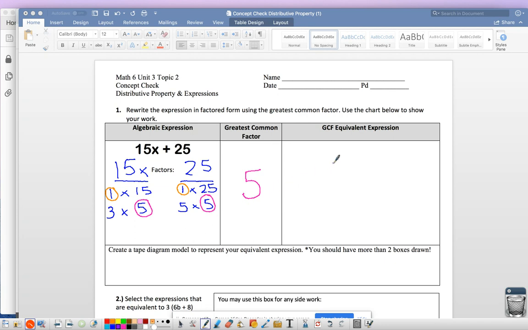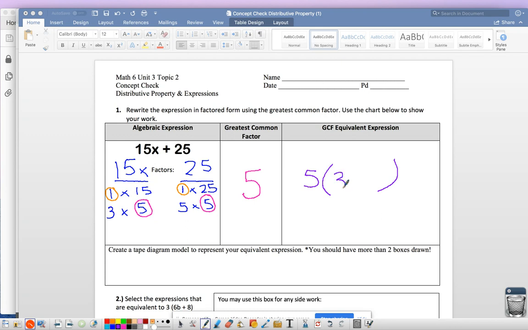For the far right where it says GCF, greatest common factor, equivalent expression, remember that's where we put the greatest common factor on the outside of the parentheses. And then on the inside of the parentheses, we're putting what we're multiplying it by. Okay, so we know if we look over here, we're multiplying 5 times 3x to get 15x.